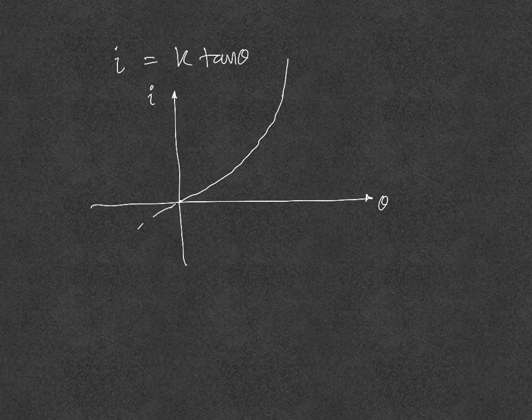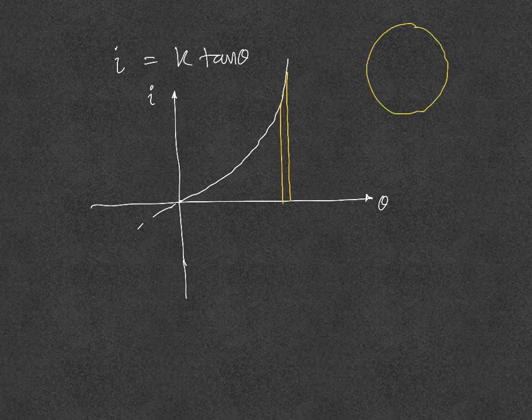Leave apart the negative side, suppose this is the curve. Now, if you go for higher angles, there is a problem. See, d theta can happen.